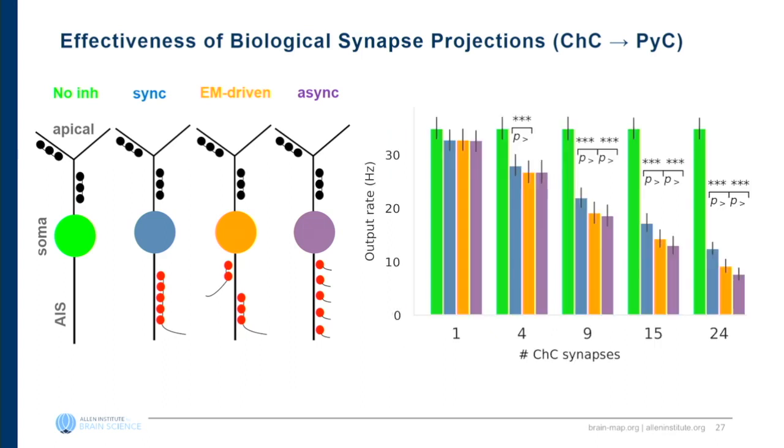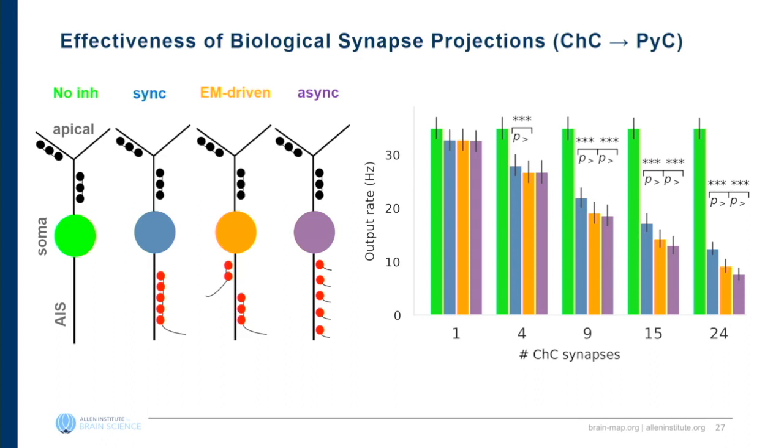So when I compare these 3 different cases with both excitation and inhibition, what I see is that across different levels of inhibition regime, the asynchronous case, that is, when the synapses are coming from different cells, is the most effective form of inhibition in inhibiting the pyramidal cell spiking.